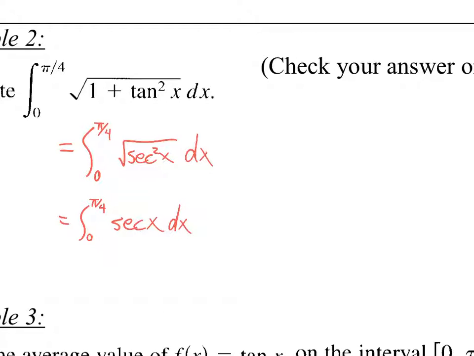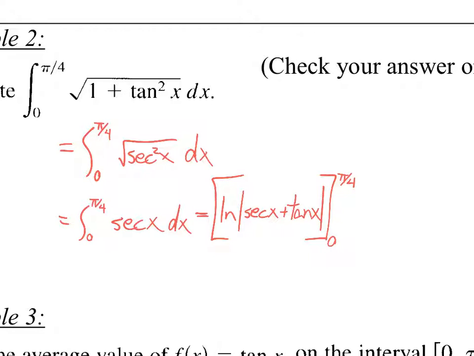And once we do that, we're able to use the fundamental theorem of calculus. Okay? So, the integral of secant is what? Natural log of the absolute value of secant x plus tangent x. Okay? And we're going to evaluate that from 0 to pi over 4.